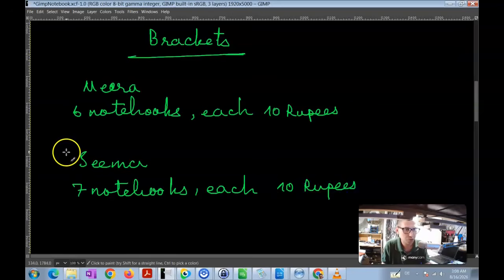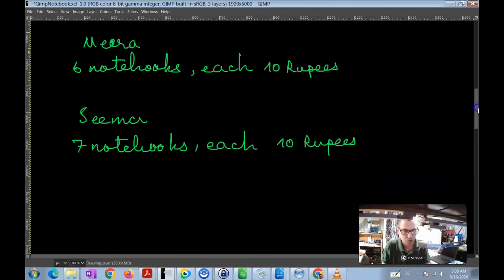Now they want to know how much they have to pay together, meaning Mira has to pay some amount of money, Seema has to pay some amount of money. If they were to pay the money together, not individually, then how much would they have to pay?